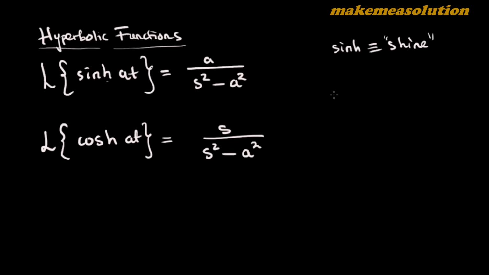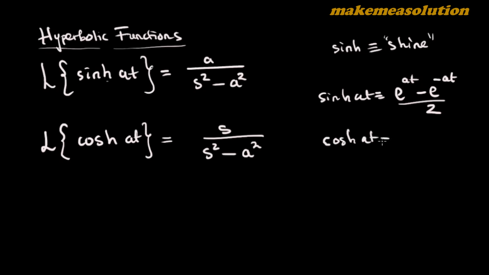I want you to be able to prove it by yourself. I'll just give you the exponential form. Sinh at in exponential form is e to the at minus e to the minus at, all over 2, and cosh at is e to the at plus e to the minus at, over 2.